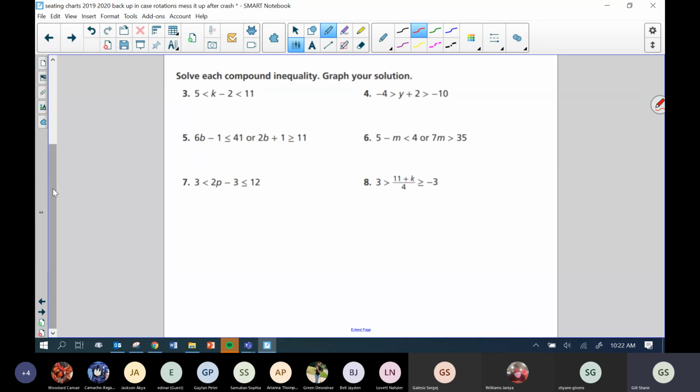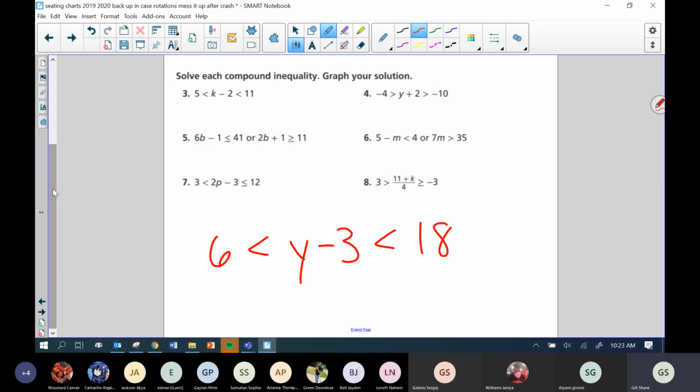Let's say we had this problem: 6 is less than, I'll use a different variable, y subtract 3, which is less than 18. Number 3. I need to get y, because when you graph it, you have to have it down to just one variable. I can't graph y subtract 3.